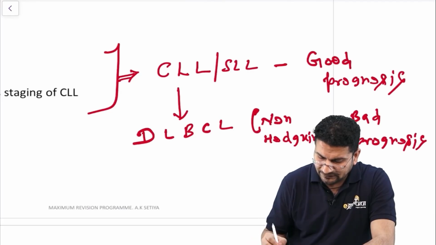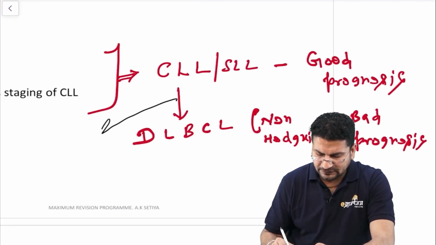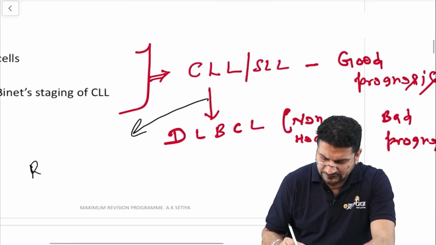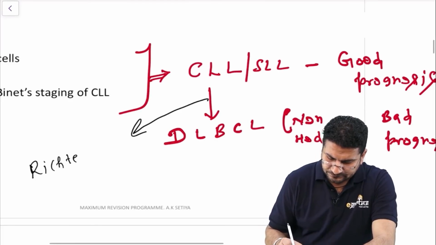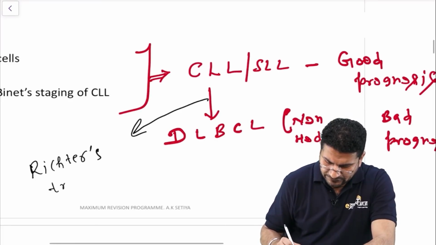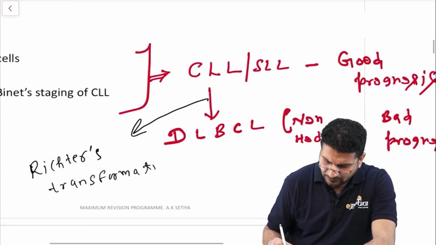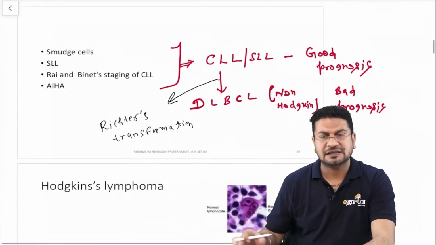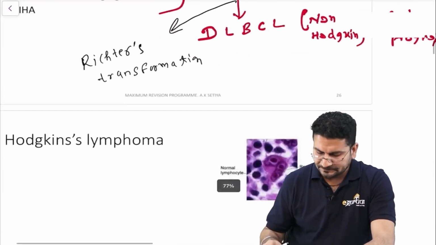So initially you will see the patient having a good prognosis. This transformation we call Richter's transformation, meaning a slow growing leukemia or lymphoma is converting into a high grade lymphoma.